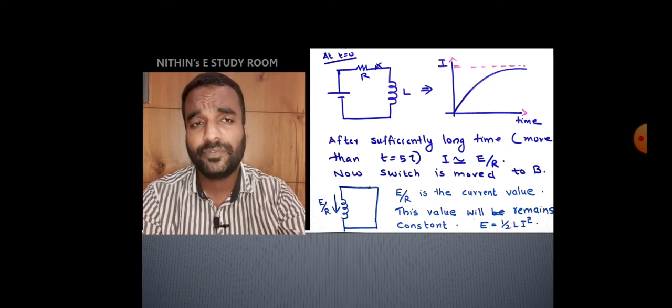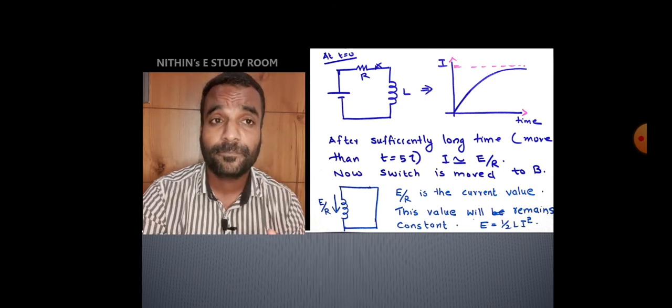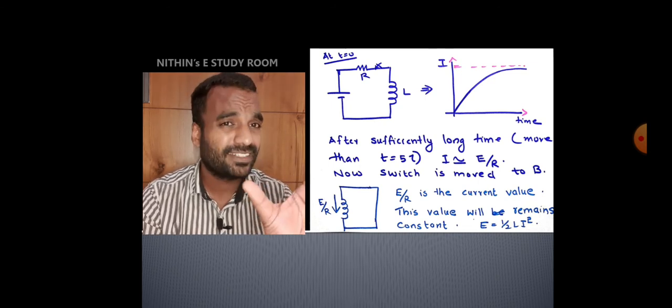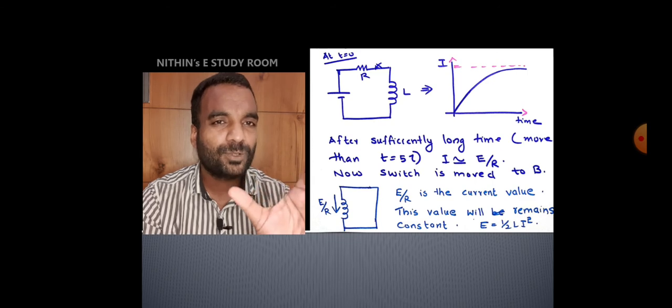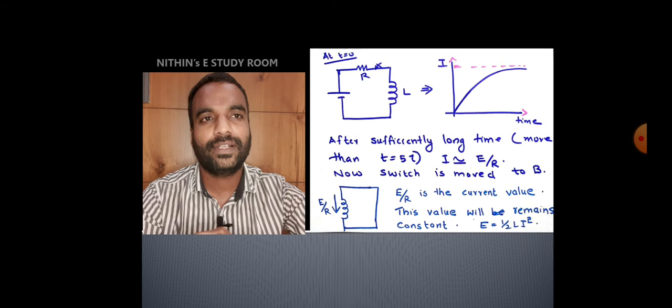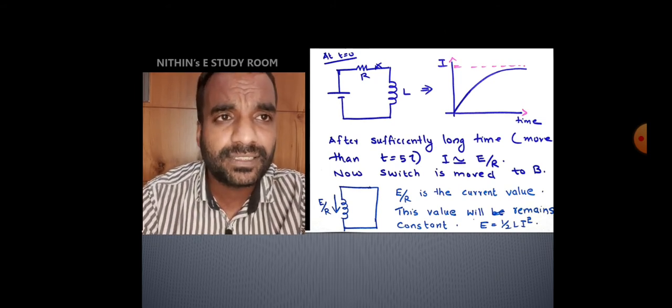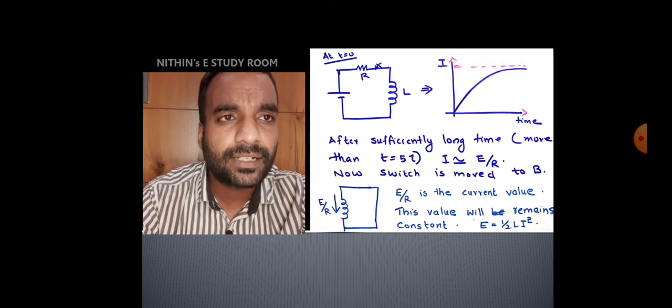In the last example, we know when it will become 99% of E by R. What was the condition? When time becomes 5 time constants, 5 tau, the current will become 99% of its final value. So please see this. If this is the 100%, the current will become 99% at some t is equal to 5 tau.